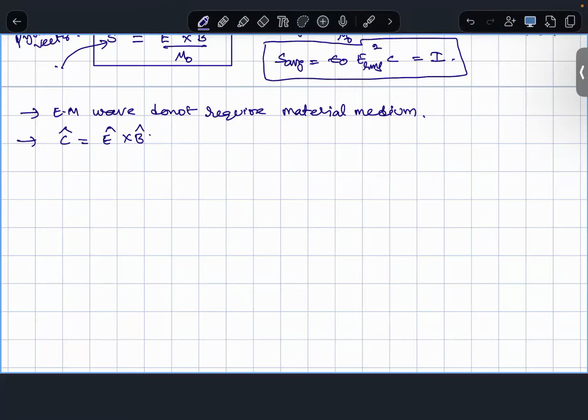You can use that. Only the electric field component of electromagnetic waves produces optical effect. When you are seeing someone, it's not the magnetic part. Our eyes respond only to the electric field component of the electromagnetic wave.